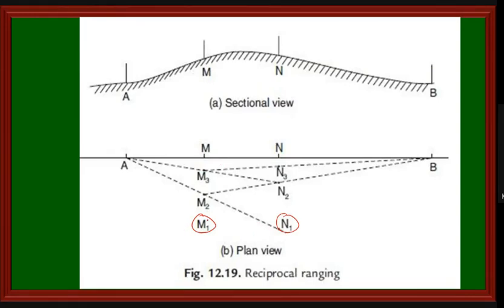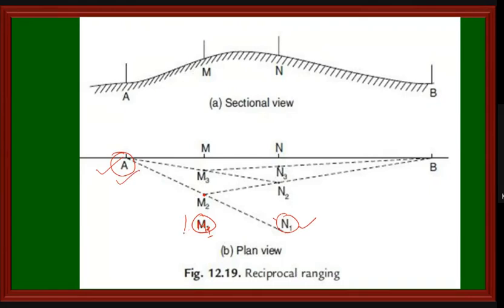This is a little bit tricky, so listen very carefully. N1 can see A, and the surveyor will tell M1 to come in a straight line between A and N1.